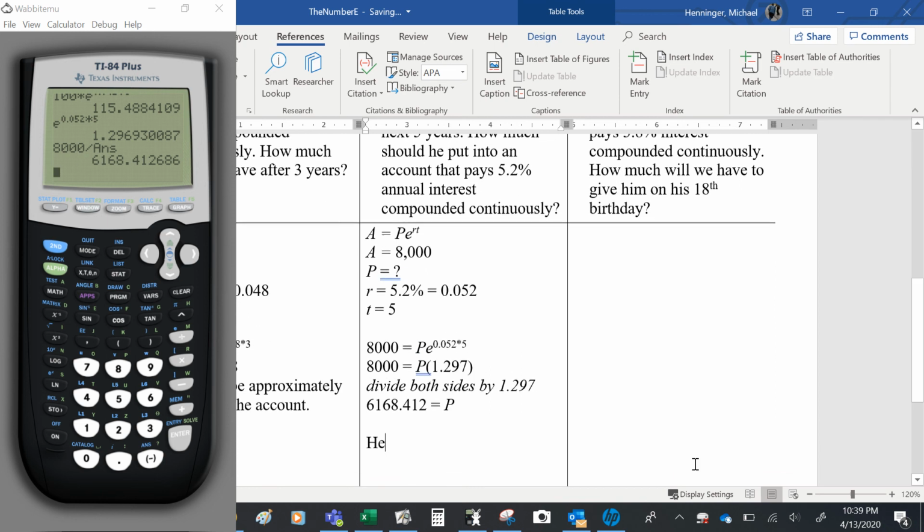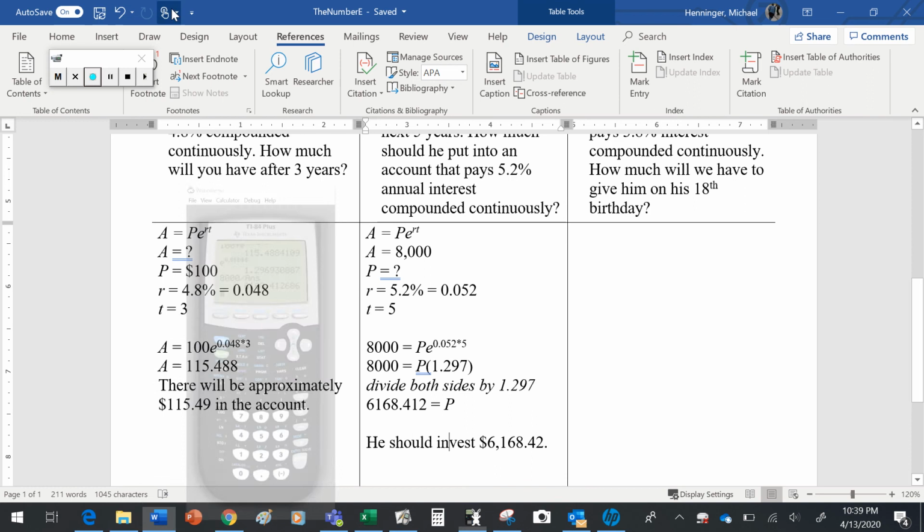What should he put into the account? So he should invest $6,168.42. Now I know what you're thinking. How come I'm rounding that 41 up to 42 cents if that's only a 2 that comes after? But keep in mind, anytime that you're making the deposit, you should always round that up. Make sure that you're saving enough money for whatever the cause is that you want.